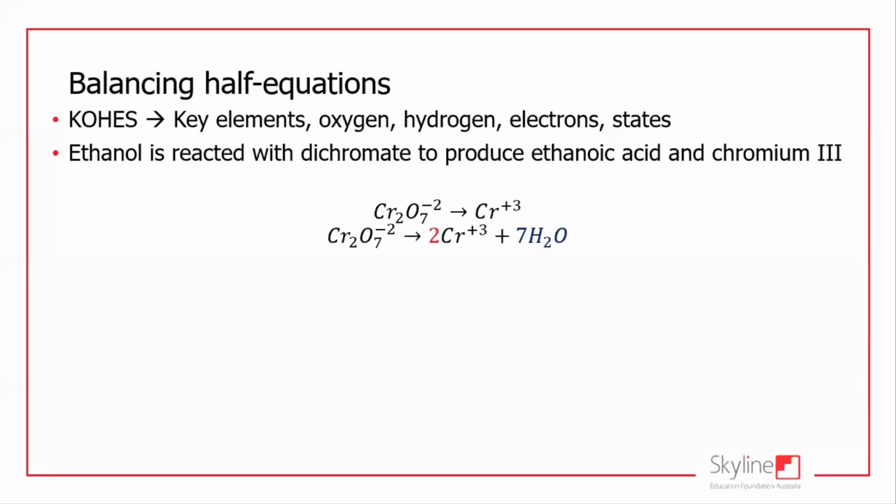The issue now is that we have 14 hydrogens on the right and none on the left. So now we jump into the H of COHES, hydrogens. We're going to add 14 hydrogens to the left, and we can't add hydrogen gas. We don't know how that works, but we can add hydrogen ions, H+.